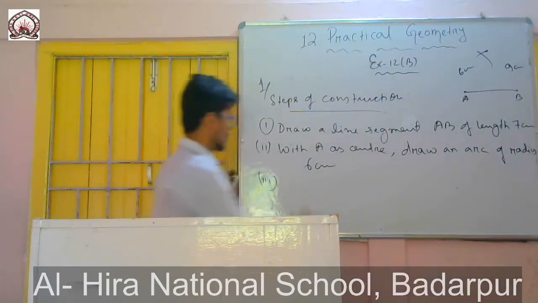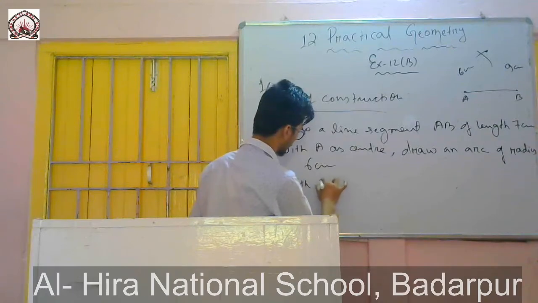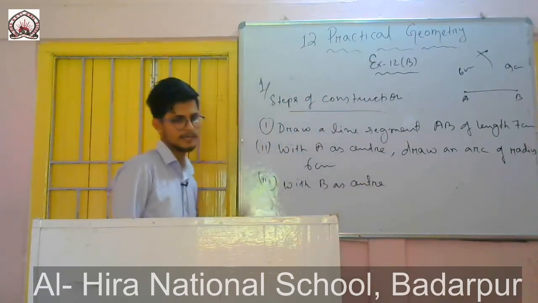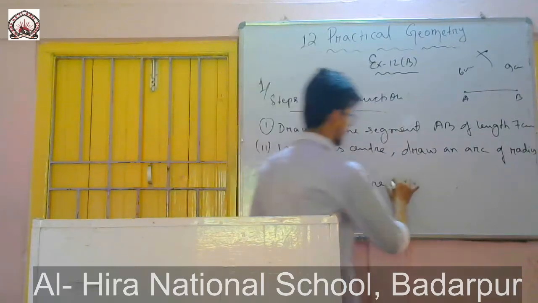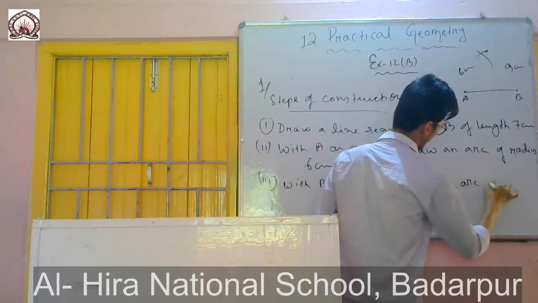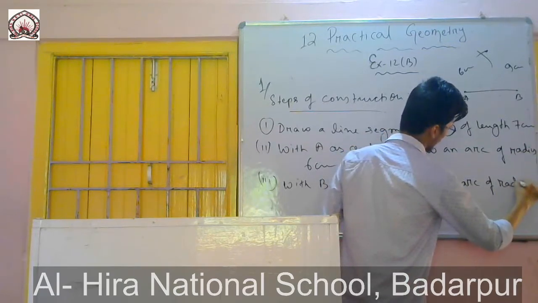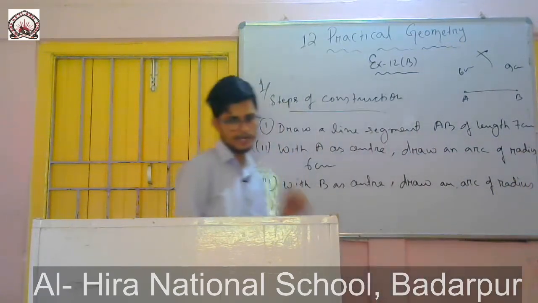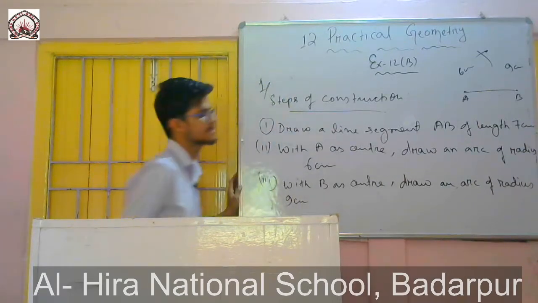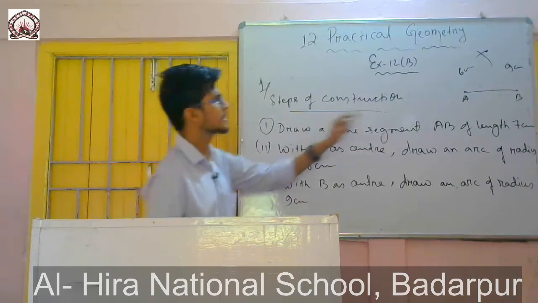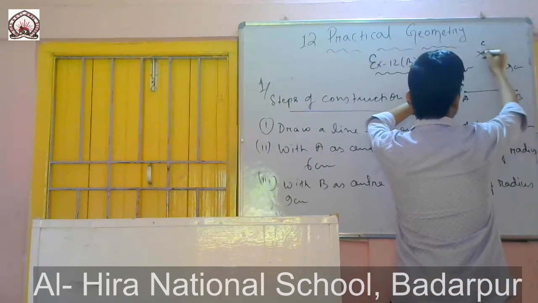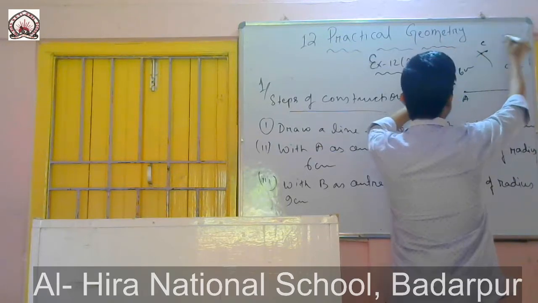So I will write, with B as center, draw an arc of radius 9 centimeter intersecting the previous arc at point C. So this was our previous arc. It should intersect this one at the point C.